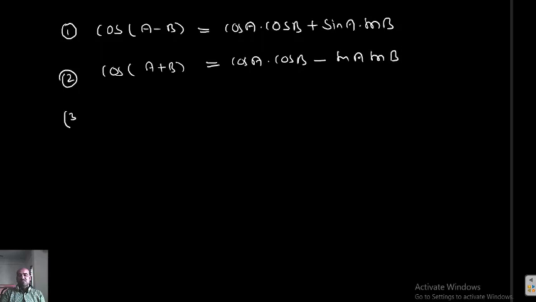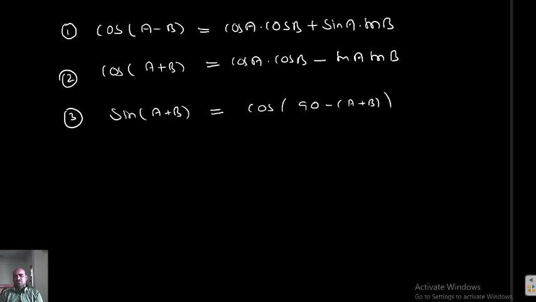Third result: sin of (a plus b). Actually sin of (a plus b) is cos of 90 minus (a plus b), provided a plus b is acute. So this can be written as cos of (90 minus a minus b). Feel just like this is alpha and this is beta.